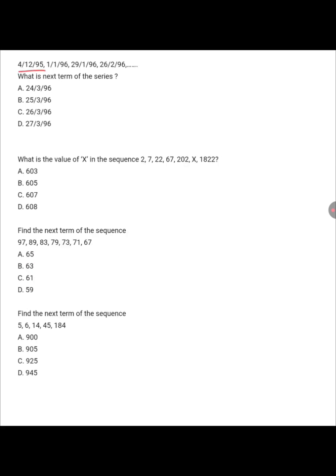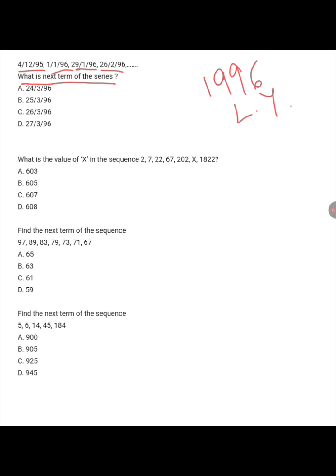Here, 4 December 1995, 1st January 1996, 29th January 1996, 26th February 1996. We have to find out the next term of the series. And 1996 is a leap year, so it has 29 days in the month of February.